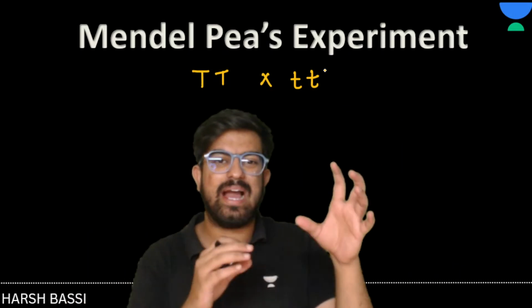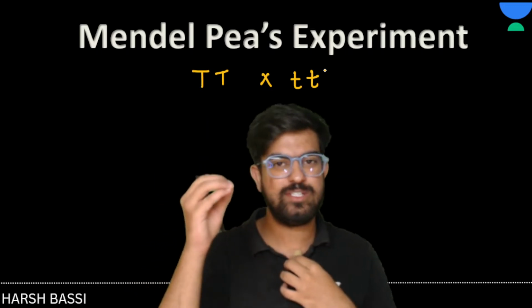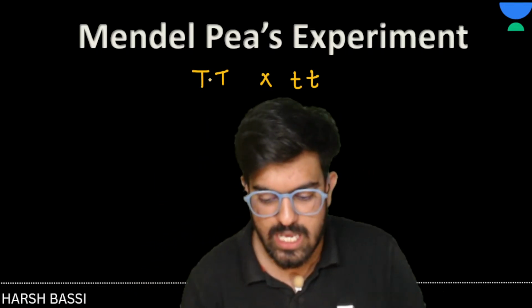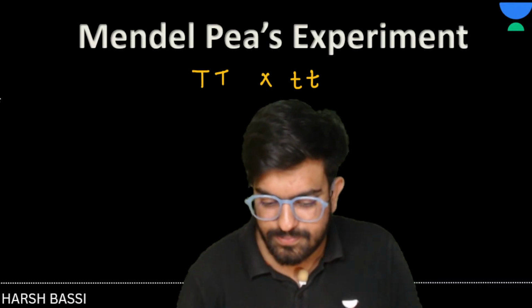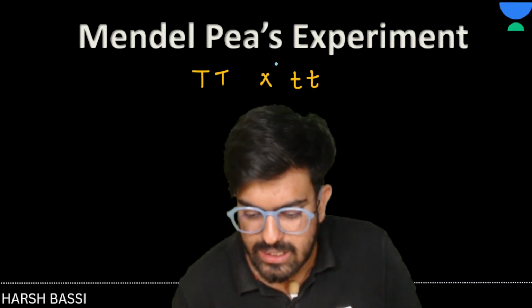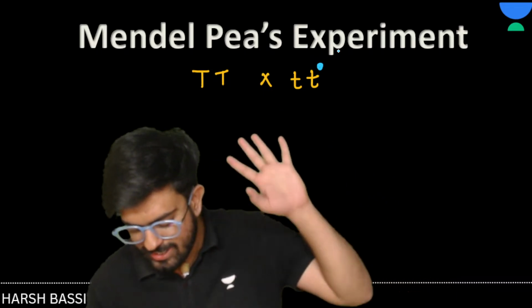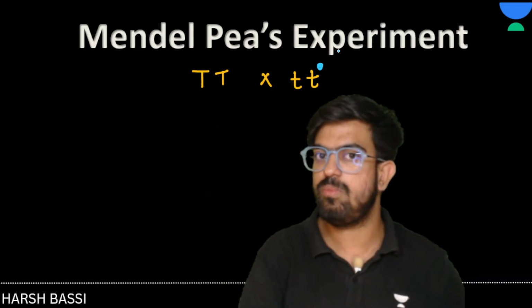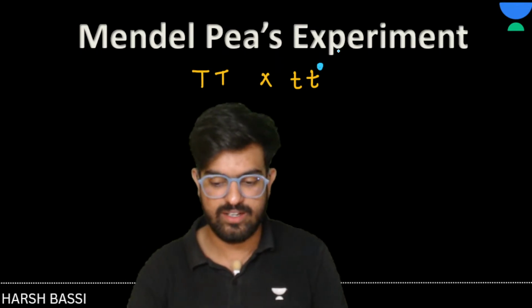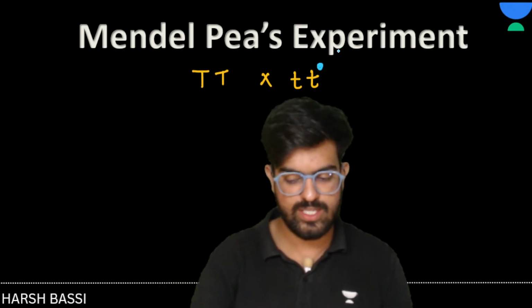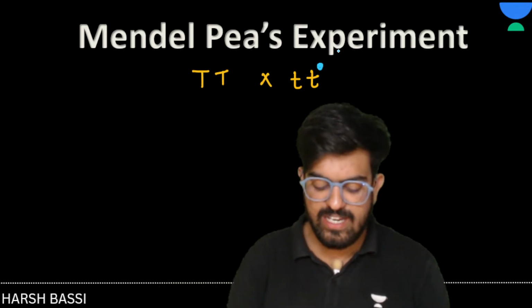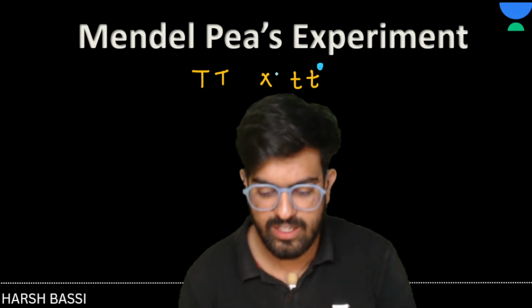So see, capital T and small t we have. Now let's suppose that this small t is a defective gene. Okay, sir. And what will happen here if this is a defective gene?